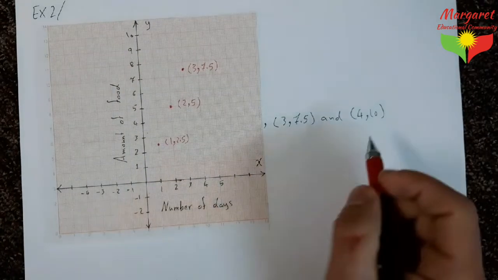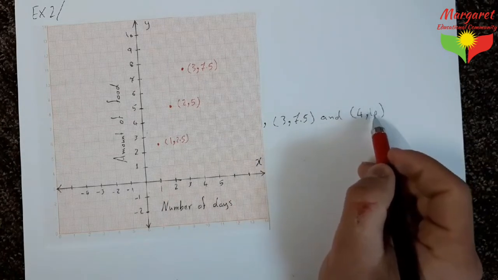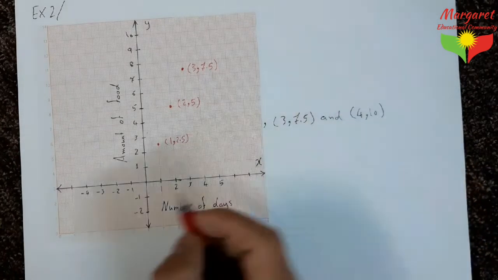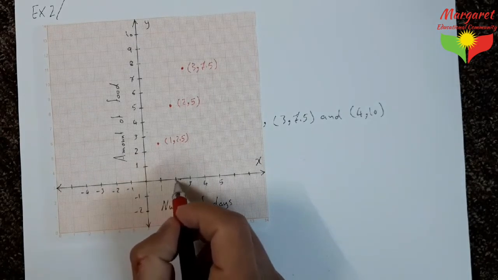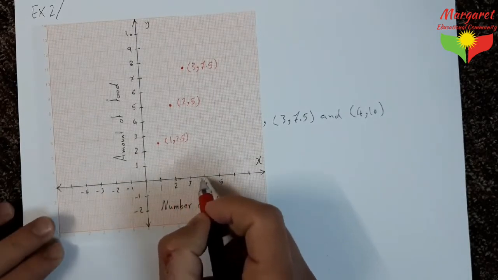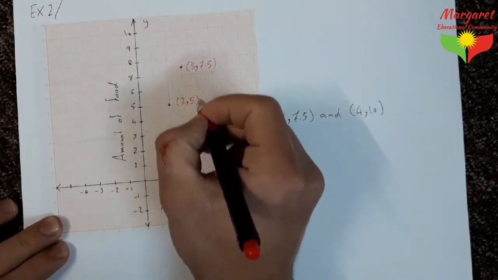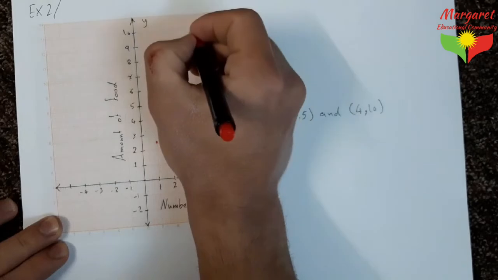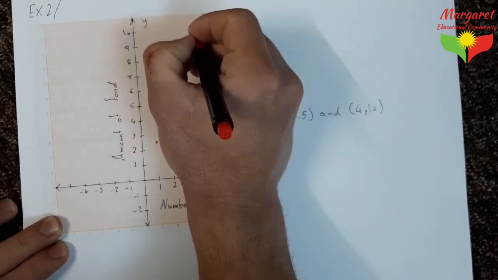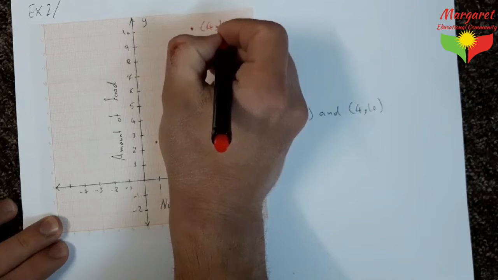And to plot 4, 10, move 4 units to the right and 10 units up. Start at the origin 1, 2, 3, 4 and 1, 2, 3, 4, 5, 6, 7, 8, 9, 10. Plot the point 4, 10.